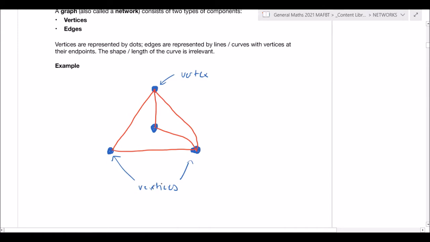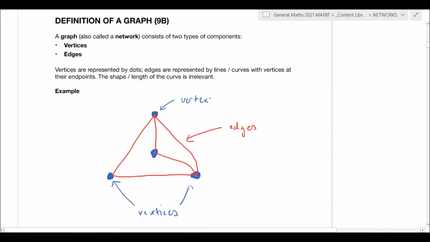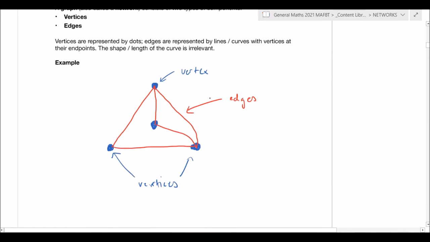And the lines we refer to as edges. Sometimes you'll hear me call them lines and dots. Just know what they are. The lines are your edges. They are what connect the vertices, and your vertices are the dots. So this is an example of a network graph, and you will have seen this with our matrices.